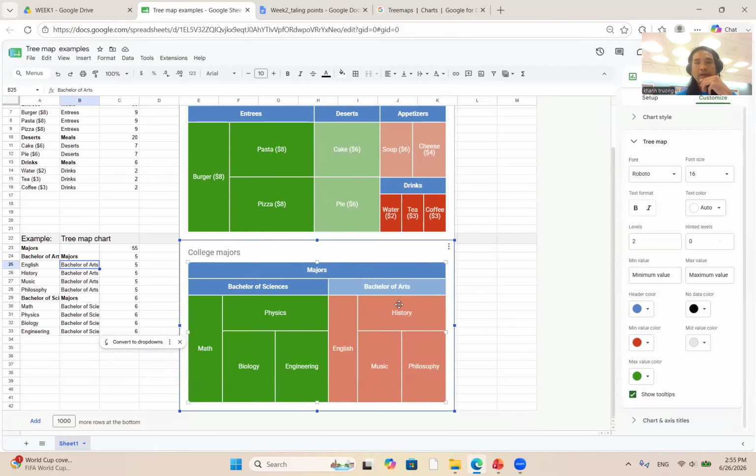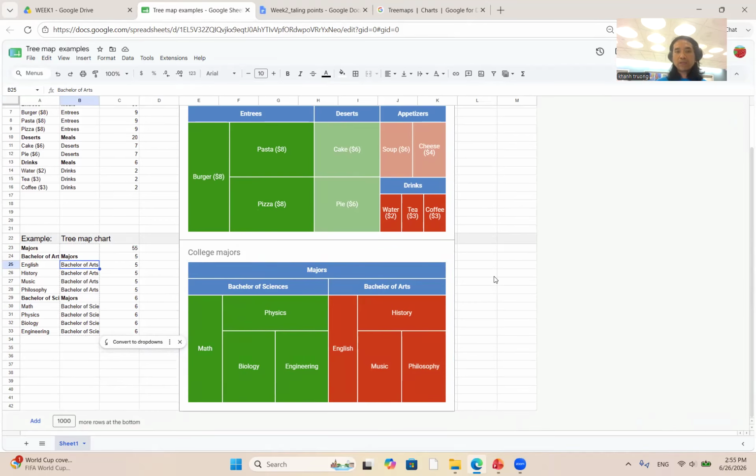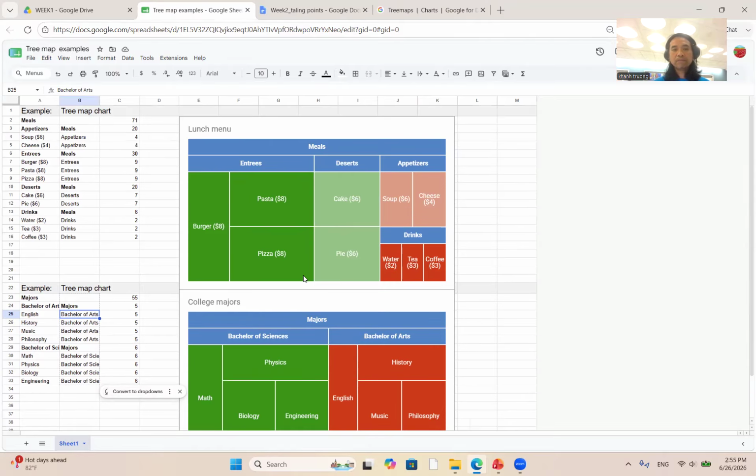They divide it into a Bachelor of Science and a Bachelor of Art, and within the Bachelor of Science, these are the majors and degrees that they offer, and within the Bachelor of Art category, these are the majors that offer you a Bachelor of Art, right? But if you take a look at this data right here, it takes you a while, okay?